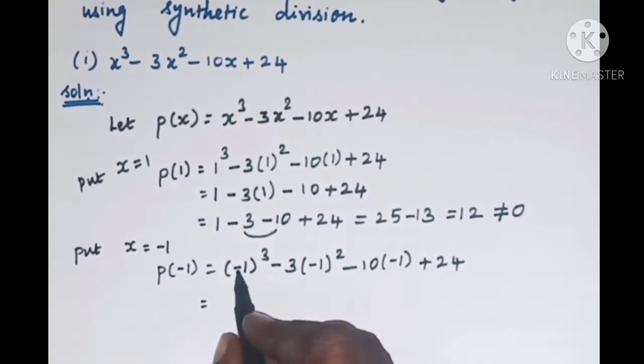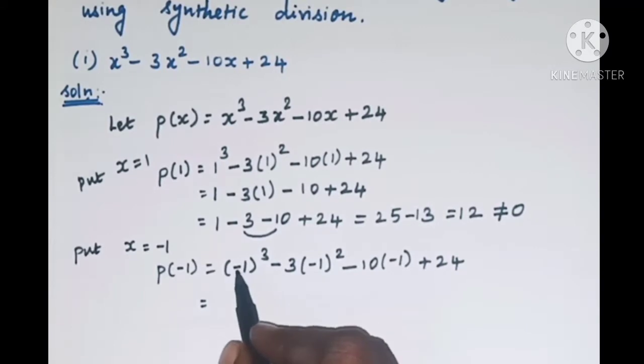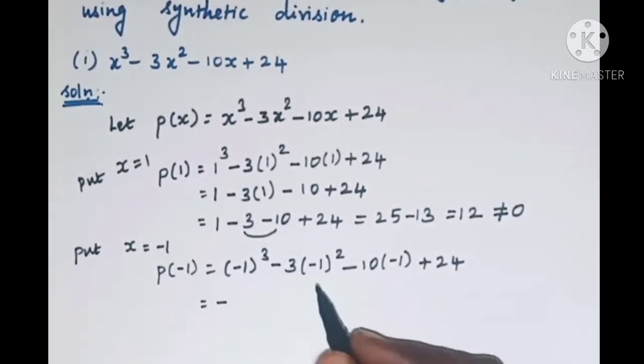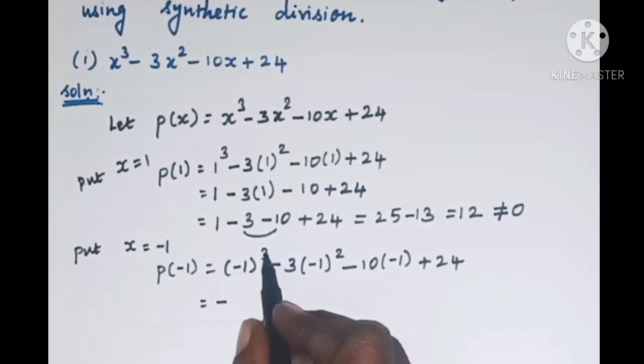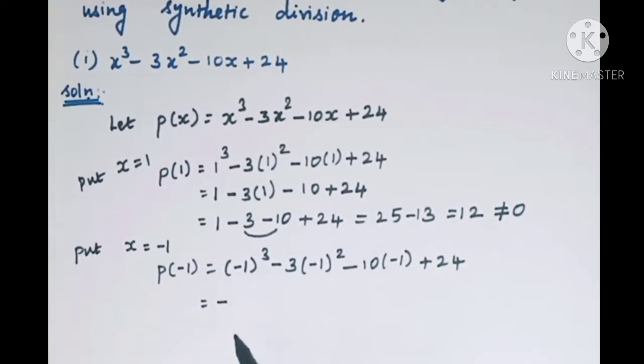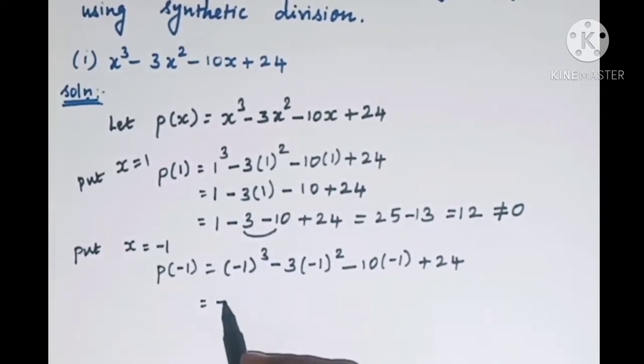So minus 1 the whole cube is nothing but minus 1 into minus 1 into minus 1. I already told you that minus to the power odd number will become minus itself. Minus to the power even will make this symbol positive. So minus 1 the whole power 3 is minus 1.